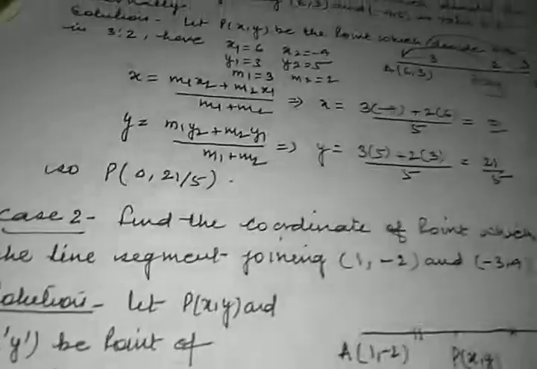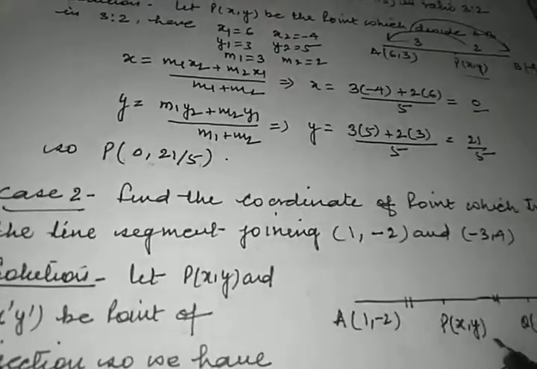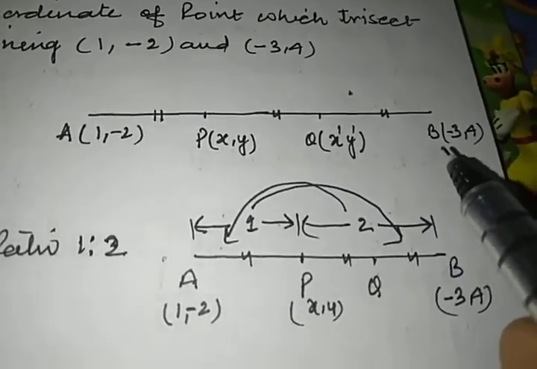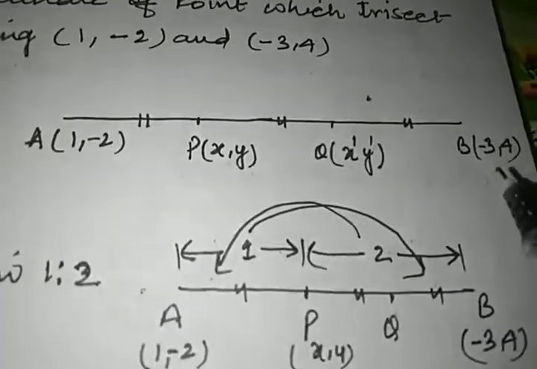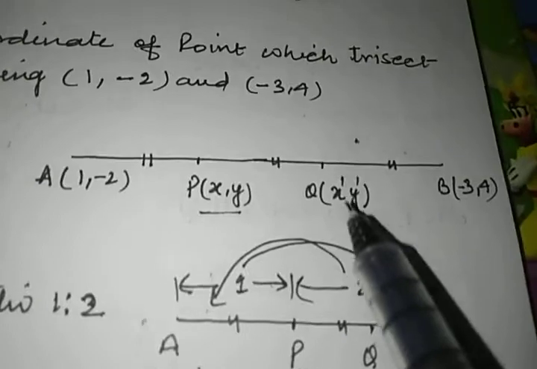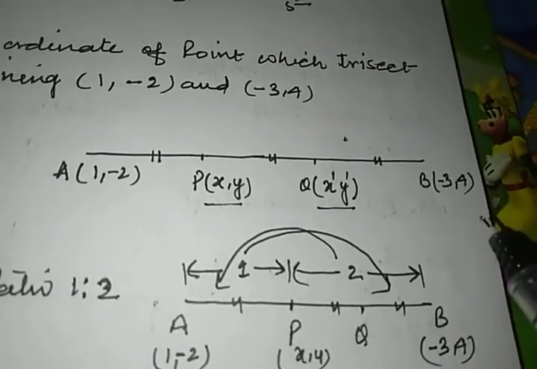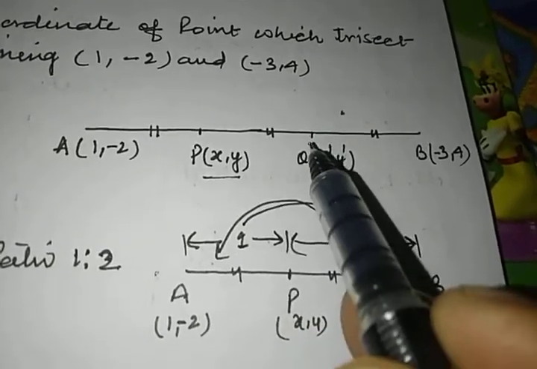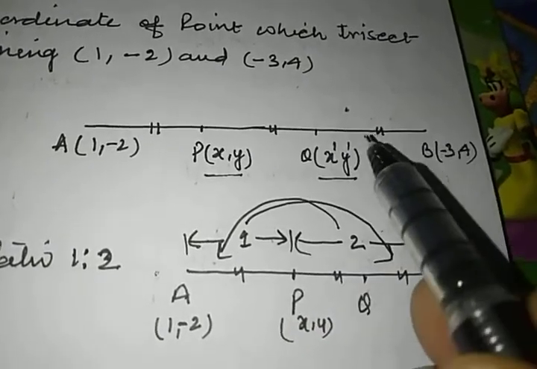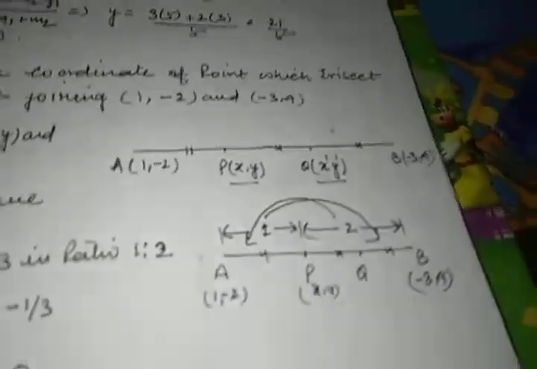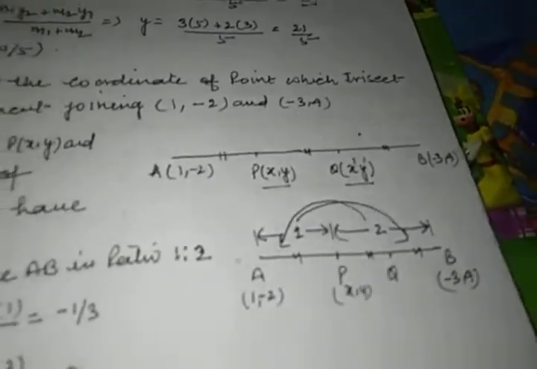If you trisect it, we'll have 2 points in the middle. This is your A, this is your B. Draw a figure in every question. One point I have taken as P(x, y), the other point I have taken as Q(x', y'). So AP, PQ and QB are the 3 equal parts in which the line has been trisected.